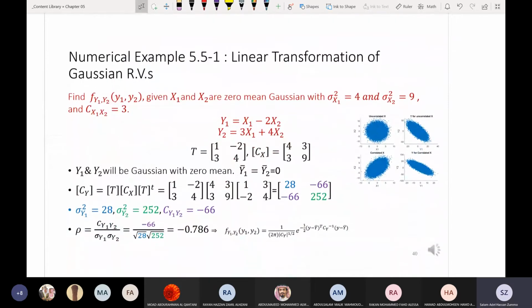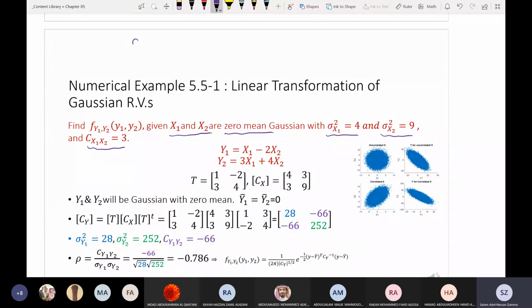Again, a 2 by 2 example. Here we have X1 and X2 as zero mean Gaussian random variables with variance of X1 equal to 4, variance of X2 equals 9, and the covariance between X1 and X2 equals 3. Now, first of all, what is the covariance matrix of X?